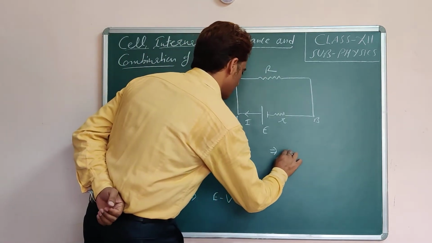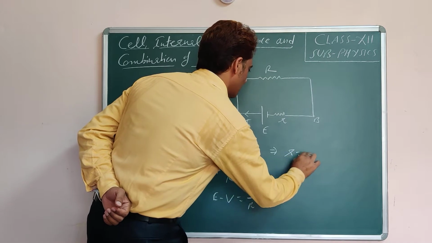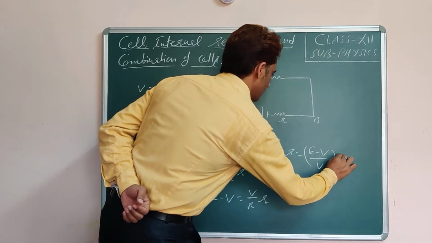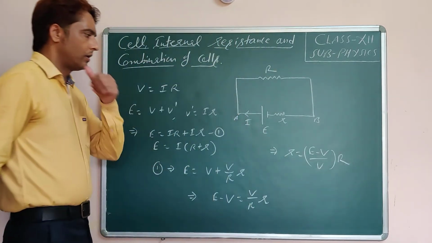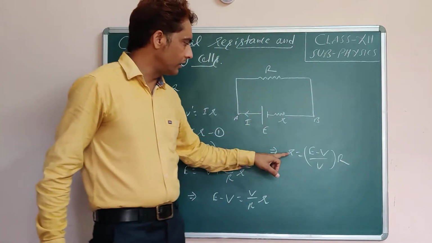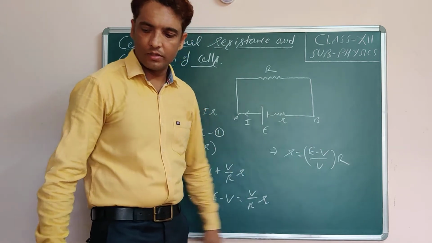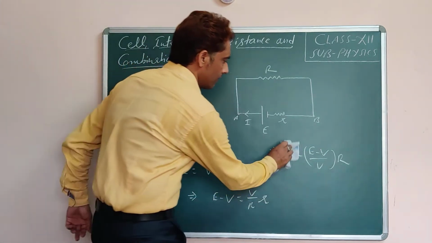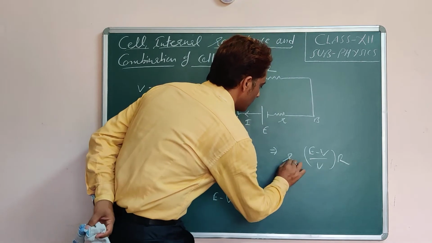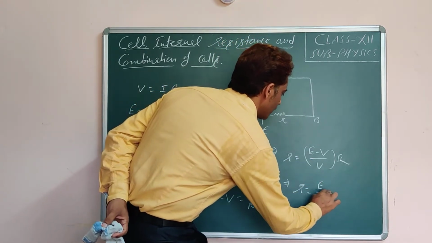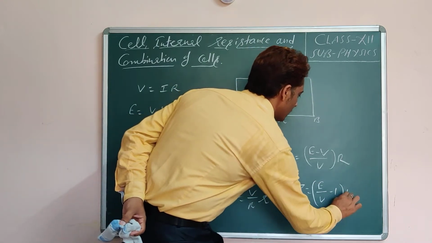And this implies r is equal to ((E minus V) over V) into R. So this is the expression for the internal resistance in terms of EMF and potential difference. Now that can be written as r is equal to (E over V minus 1) into R.